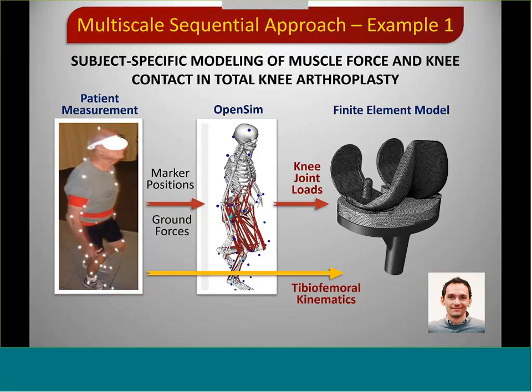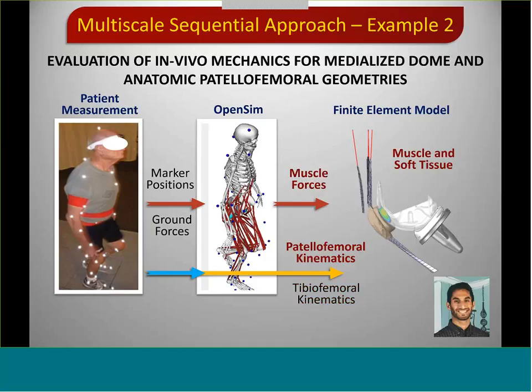This was our first study using this approach. We will also discuss a follow-up advancement from this study using radiography data to prescribe knee motion in OpenSim as well. And then in the next example, in a more recent study presented by AZ, there are further advances in the approach.